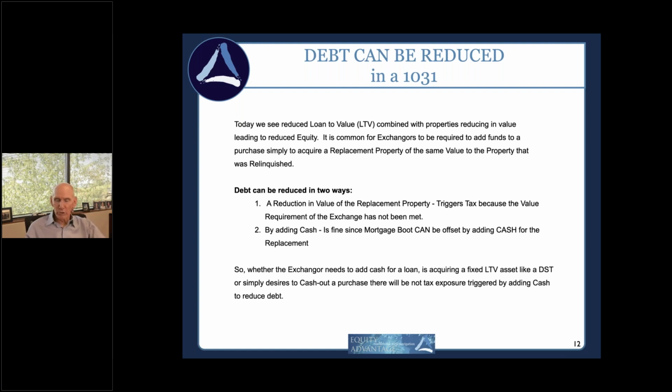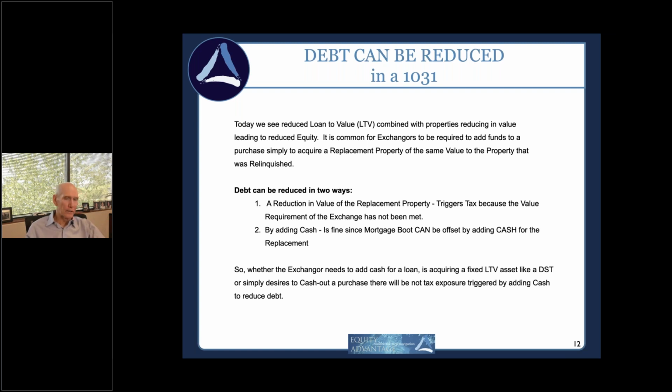So when they had proposed elimination of the 45-day ID period, they had bundled that with a change in the like kind requirement, and I'm glad nothing happened, because at that point, they were concerned about the farmland being taken out of production. See any similarities today with who's buying these large pieces of farm property? But they didn't want the farmers just getting out of the farming business and exchanging into apartments, and so forth.